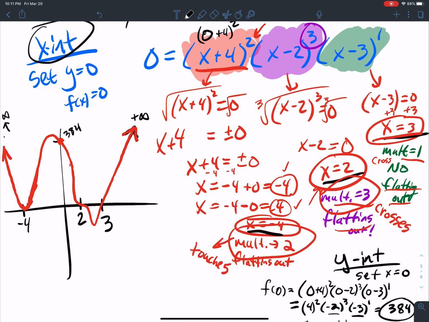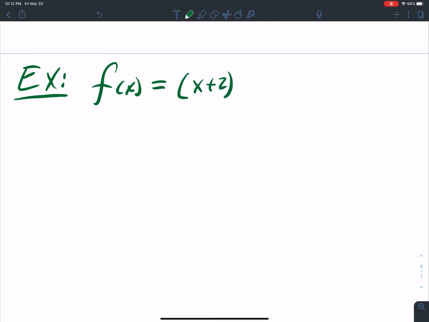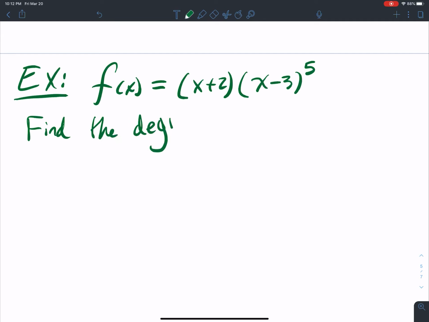Okay, let's try another one, see if we can make this a little bit more understandable. Say you have a function f of x equals x plus 2 times x minus 3 to the 5th, okay? And you want to find the degree and the x-intercepts, y-intercepts, and graph.